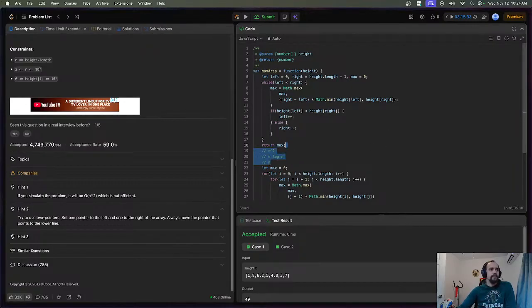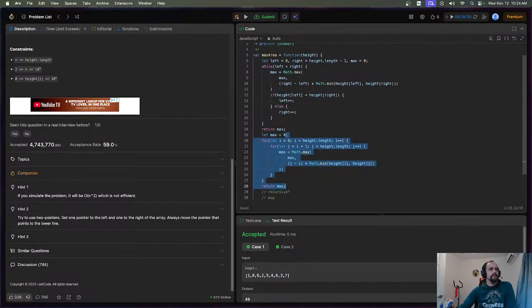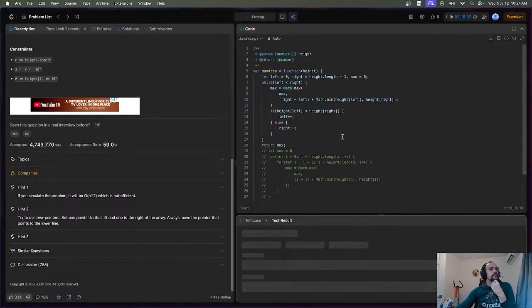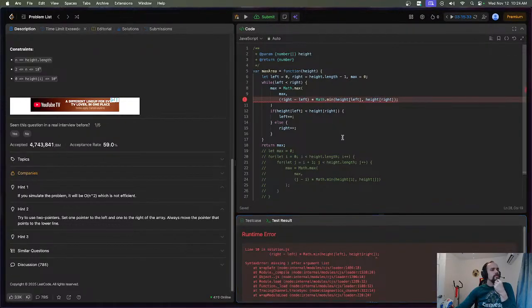Now, this is actually big O of n? What the heck? It's right minus left.